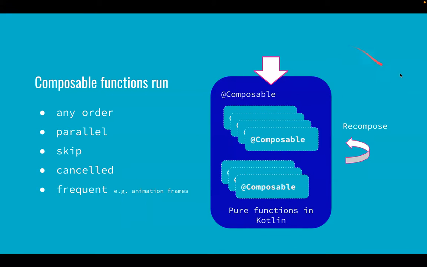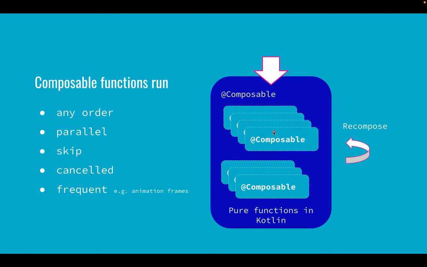The other thing to think about is that there's this composer object that decides when these methods will be recomposed or recalled. And it can actually optimize because it knows what your code looks like, and because it knows how the state changes, it can optimize. So you might be writing the code to look like it's running in this order, but it might optimize and run things out of order.